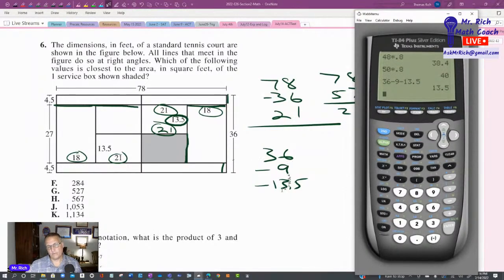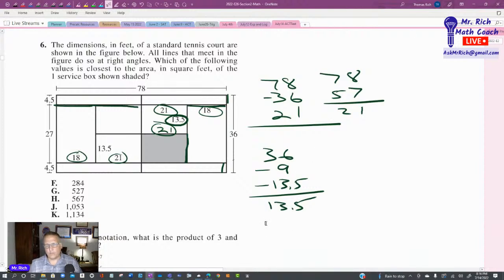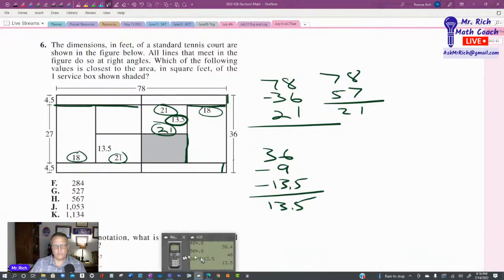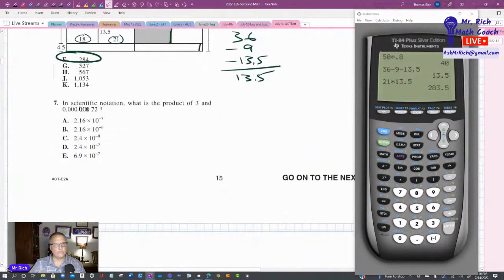That's going to give me 13.5. Okay. If knowing tennis courts, I probably could have assumed that was going to match. So it looks like it's 21 times 13.5. So I'm going to multiply those, 21 times 13.5, and I get 283.5 or 284. Okay, I think I could have done that faster.